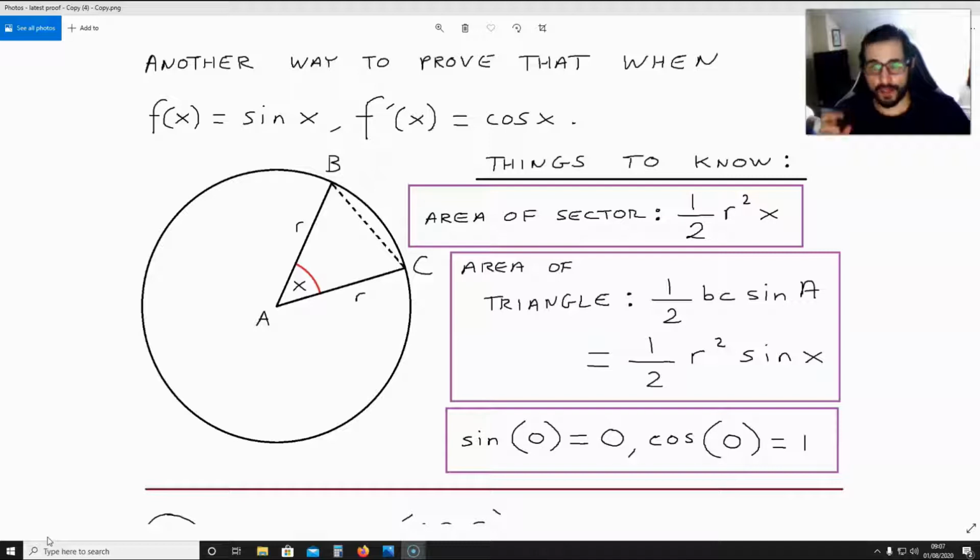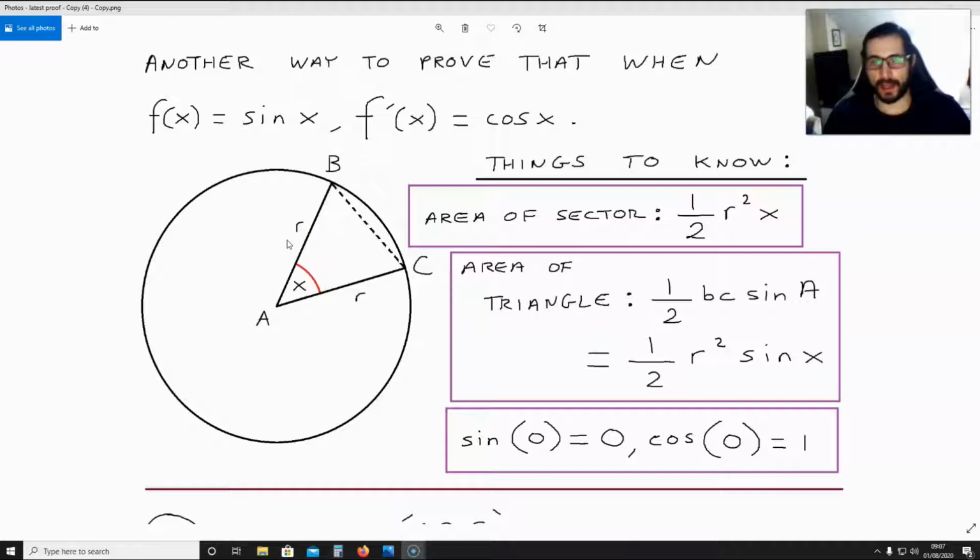The area of a triangle is half bc multiplied by sine A, and because of this isosceles triangle to the left in the diagram, this can translate into half r squared multiplied by sine x, where x is this angle over here that we're dealing with.